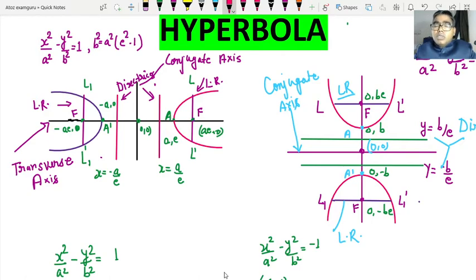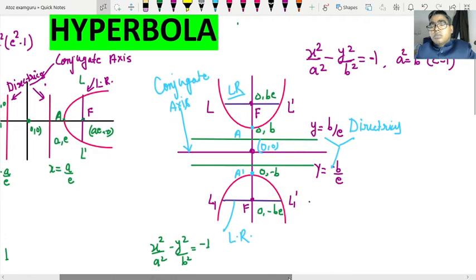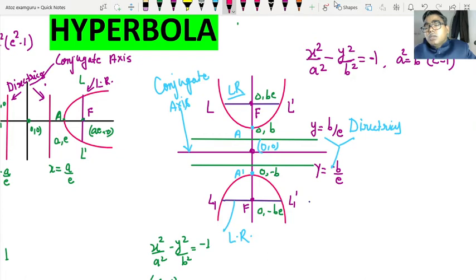The standard equation of this type of hyperbola is x square upon a square minus y square upon b square equal to minus 1, and a square equal to b square times e square minus 1.